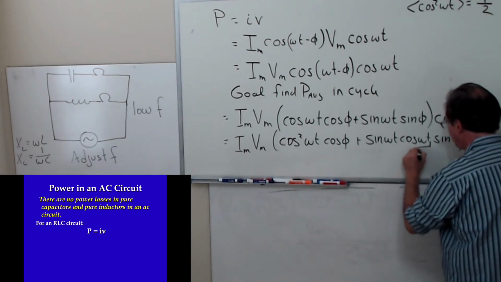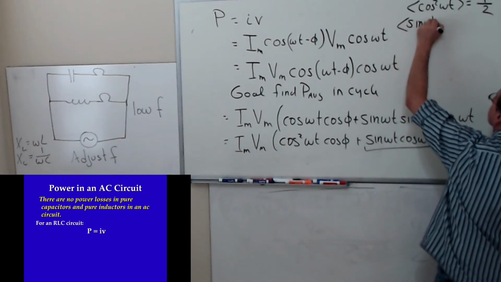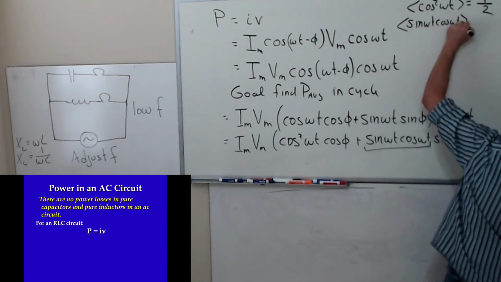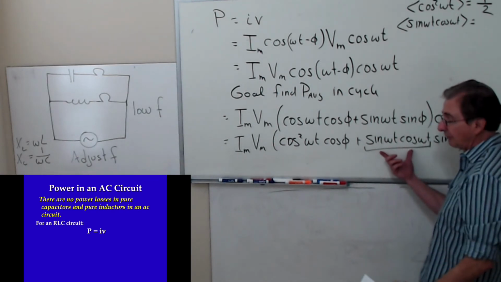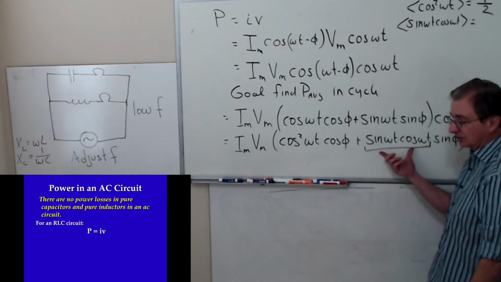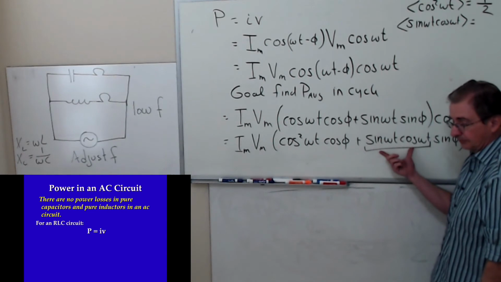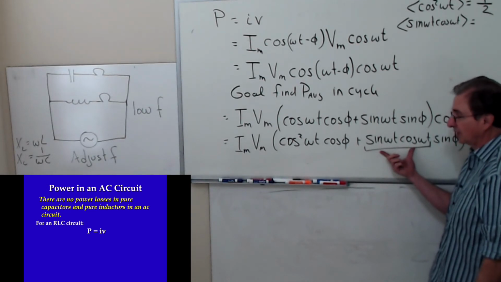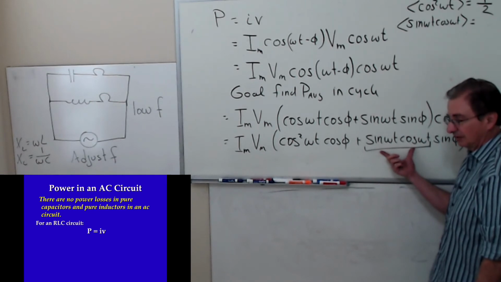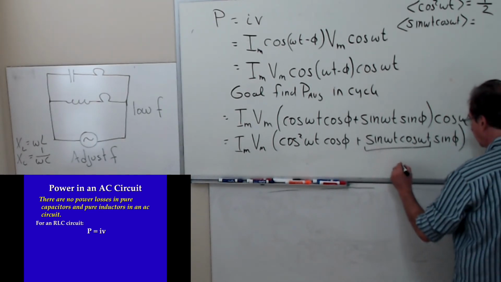So now I need to figure out the average of this thing. Now, think about it. I'm going to be averaging this function. This is an odd function. If I integrate from 0 to 2 pi, the function is actually symmetric about pi. So in other words, the function will look somewhat like this.